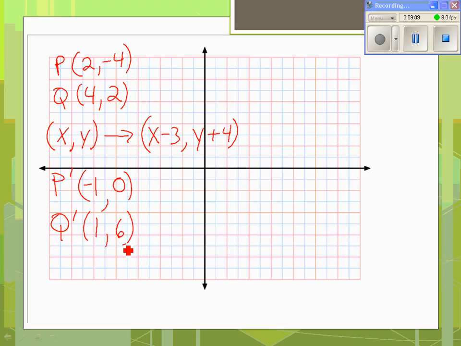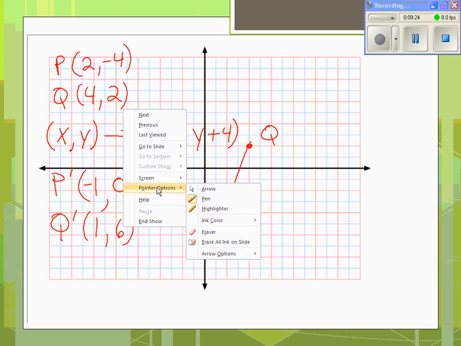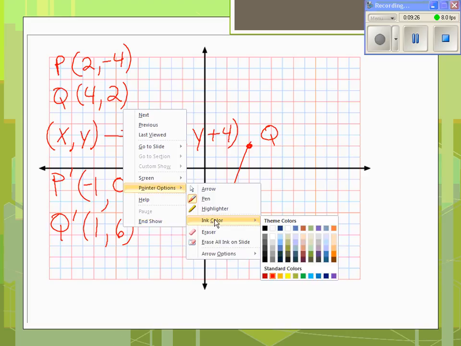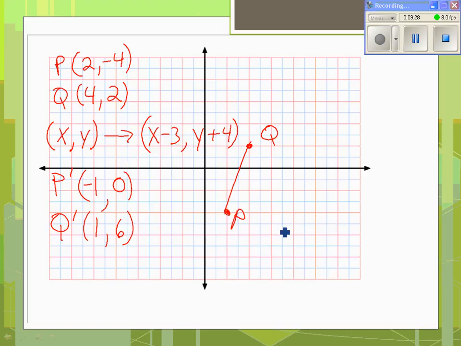And we could graph those. Go back to (2, -4), that's P. (4, 2), that's Q. Our segment is that segment right there. Change our color here and make it some different color. We'll go with blue. (-1, 0), that's P prime.